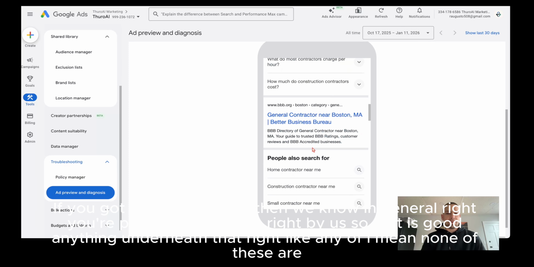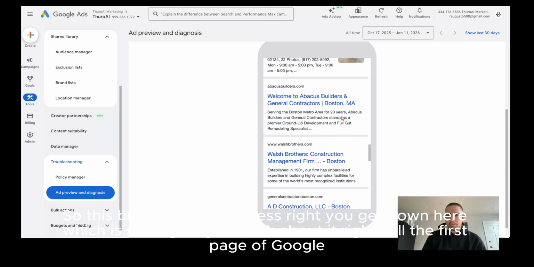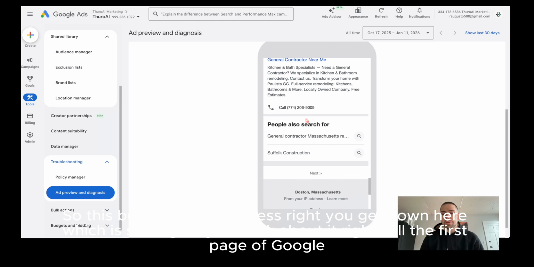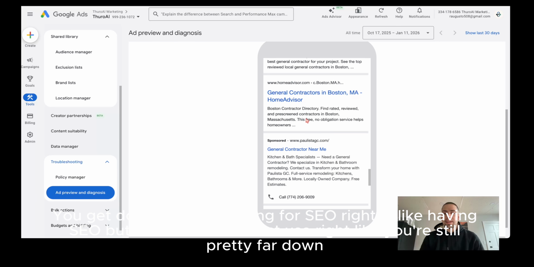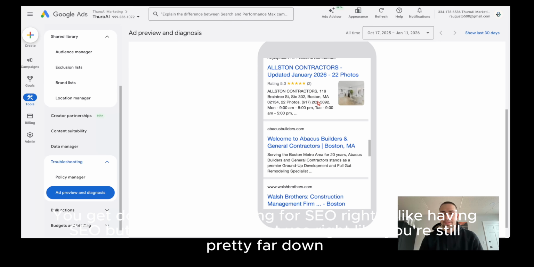Anything underneath that, none of these are even, so this business, you get down here, which is still high if you think about it. It's still the first page of Google. You get down here by paying for SEO, and having SEO, but it's still not the best use.